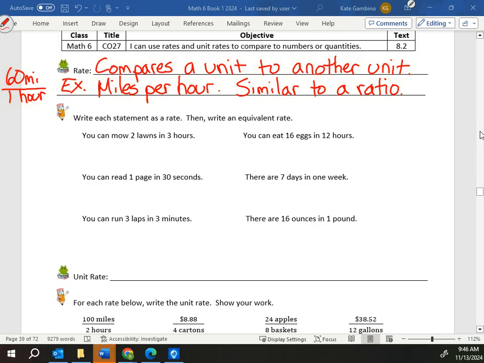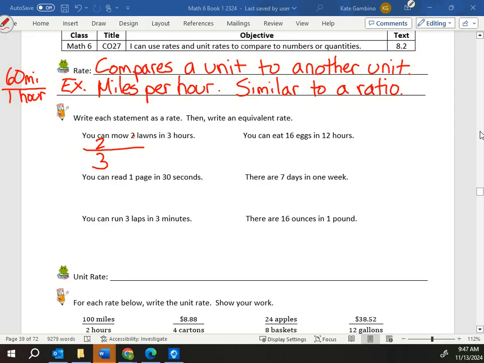So thinking about that, you can mow 2 lawns in 3 hours. How do you think I want to write that? Any guesses? Adeline? So 2, because that's our first number, over the 3. Notice how I drew that line big. Why do you think I drew that line long? What else do we have to put on there, Lexi? Yeah, we have to label it.